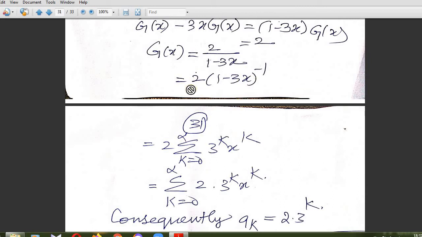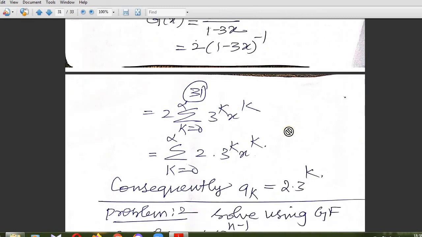2 is common here, a constant, and you expand this, and that short form is this: summation from k equals 0 to infinity. Expand this, what will we get? k equals 0, 3 power 0, x power 0, that is 1, plus k equals 1, 3x power 1, k equals 2, 3x square, plus and so on.